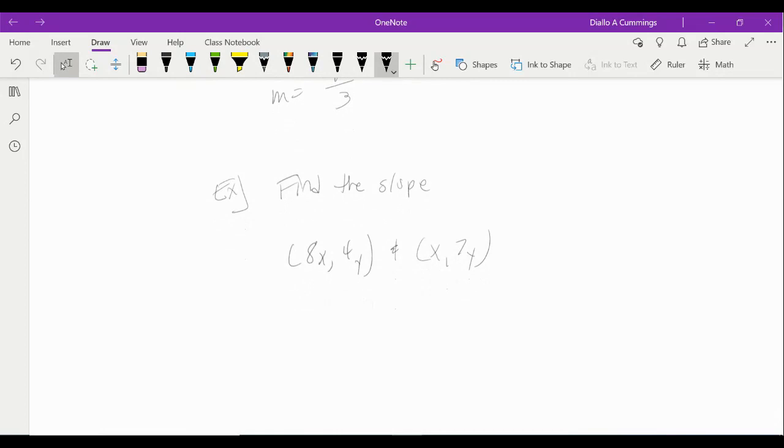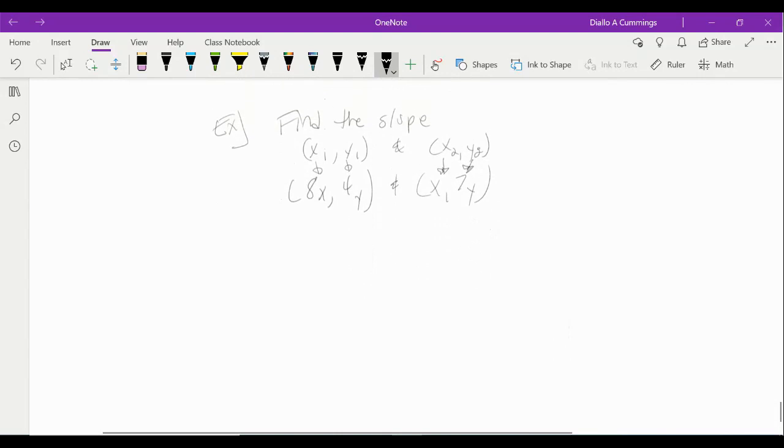All right, so here again, we're going to label our points x1, y1, and x sub 2, y sub 2. So now, even though we have variables instead of constants, we're still going to use x1, y1 as the first set of points, x2, y2 as the second set of points.